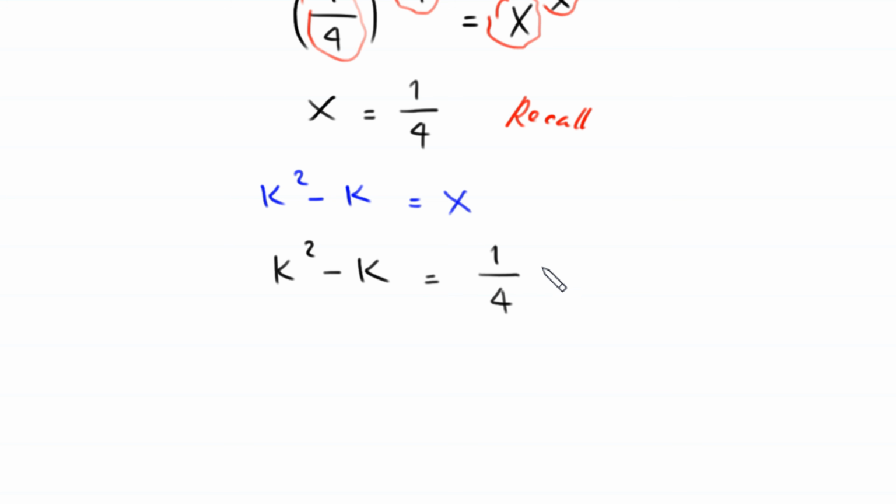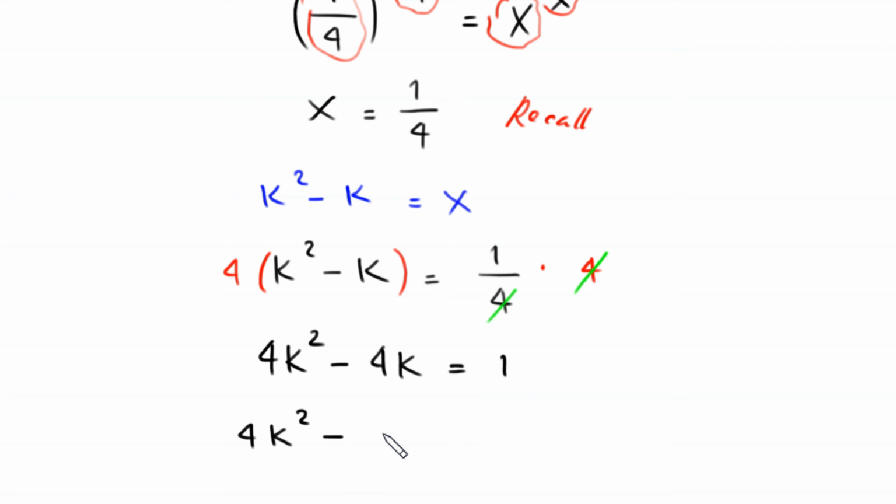And we multiply both sides by 4. On the left hand side we multiply by 4, so this 4 will be cancelled out with this 4, and we are left with distribute this 4 times k squared, 4k squared, 4 times negative k, negative 4k is equal to 1. Move this 1 to the left hand side. This will become 4k squared minus 4 times k minus 1 equal to 0.